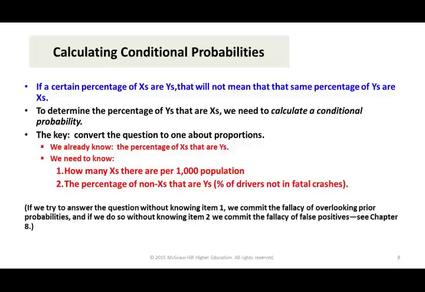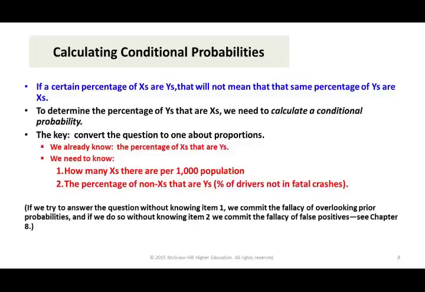Go back to our prior example. If 10% of male COTC students are involved in a car accident while they're in school, then we might want to know what percentage of car accidents are COTC males. It's not going to be 10%.